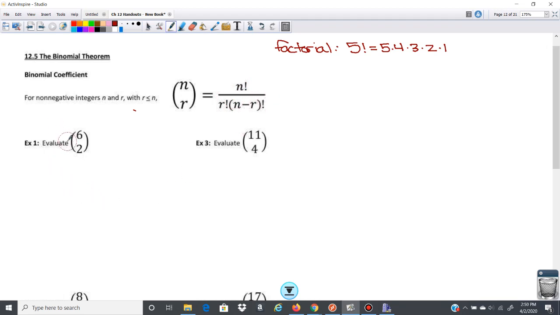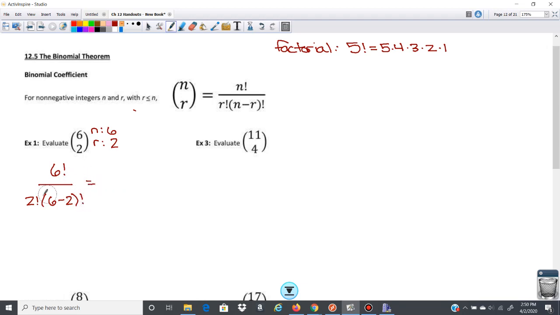So if I look at example 1 here, I've got evaluate the 6, 2 binomial coefficient. The n in this case is 6, and the r is 2. So I've got 6 factorial over 2 factorial, and then 6 minus 2 factorial.